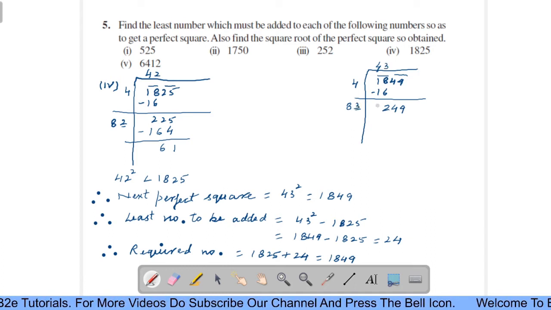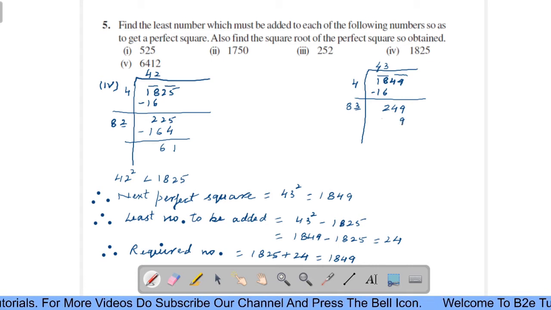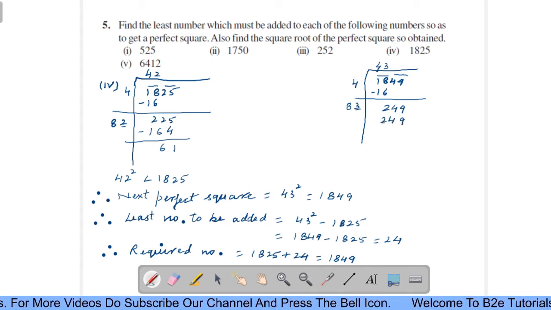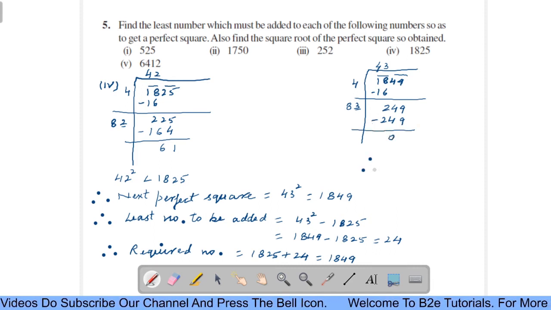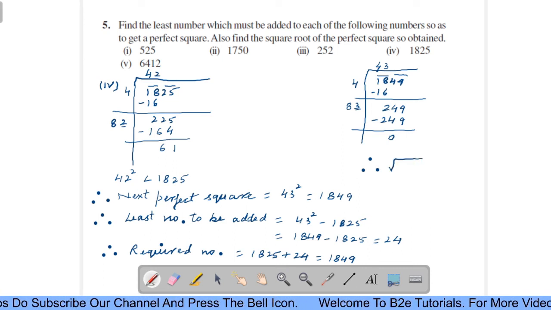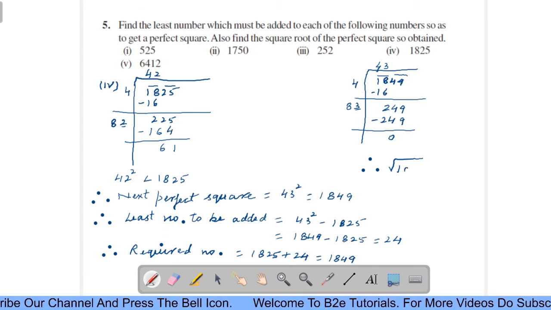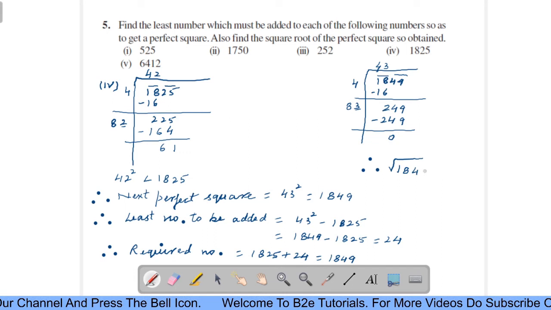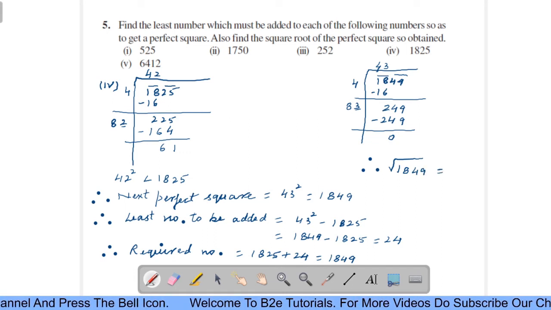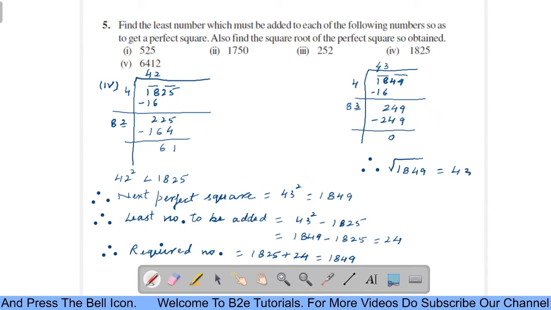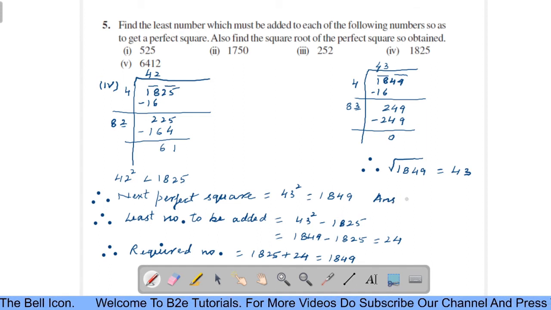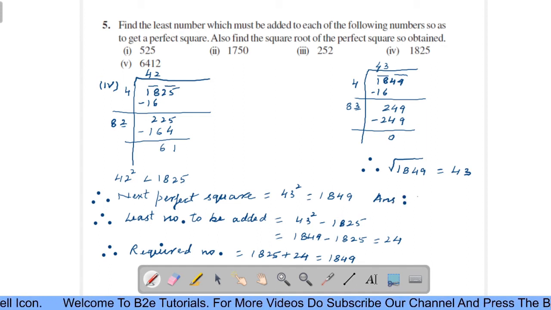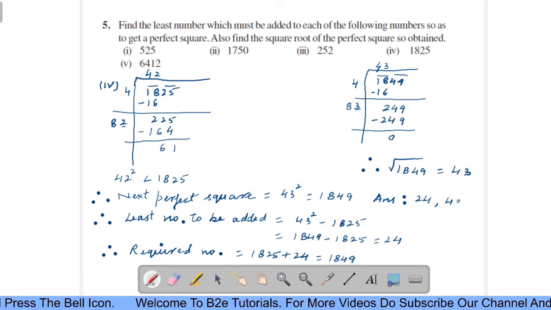Here write down 3. 3 3 is 9 and 3 8 is 24. Subtract it. You will get 0. Therefore, square root of 1849 equal to 43. Therefore, your answer is 24 and 43.